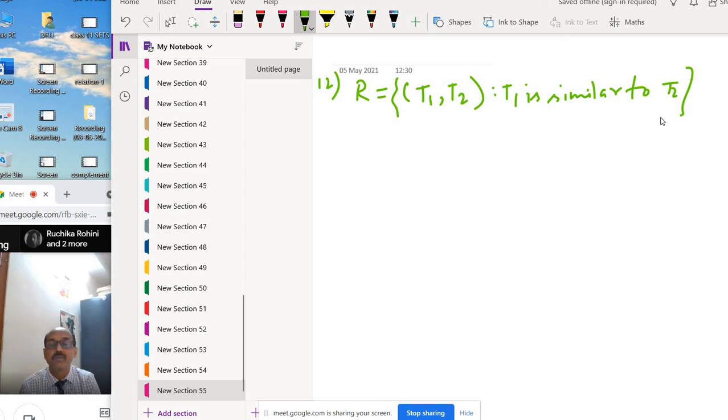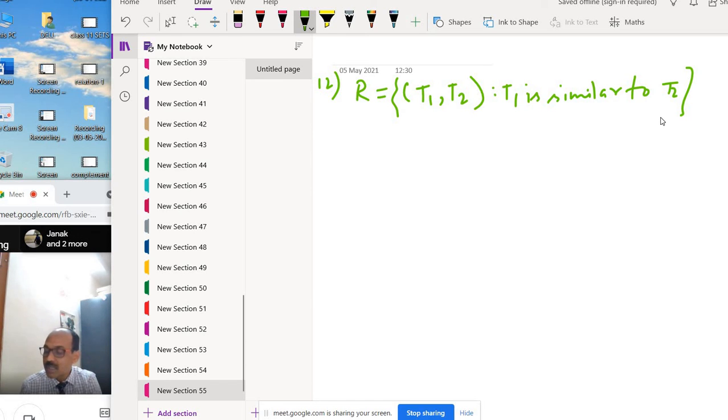This is the relation. T1, T2 means any two triangles you can take, because it is given set A of all triangles. In the set A, and set A is all the triangles. So the first triangle is similar to the second triangle. Okay.